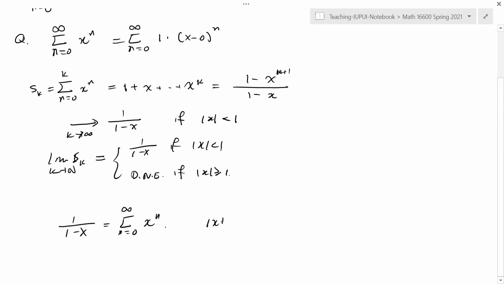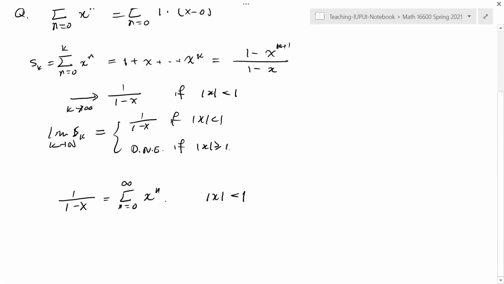In other words, when the absolute value of x is less than 1, this function f of x can be written as a series, expressed as a power series.